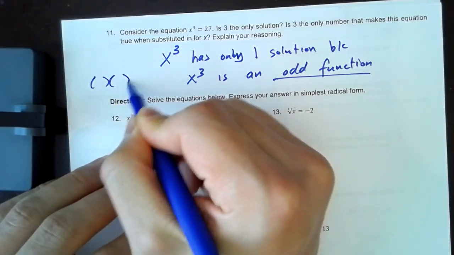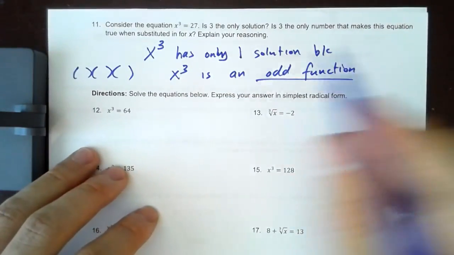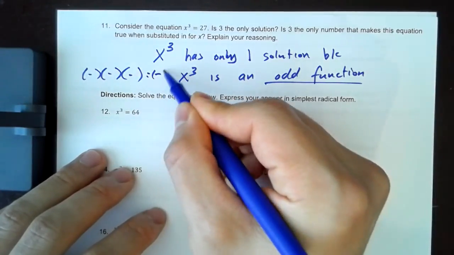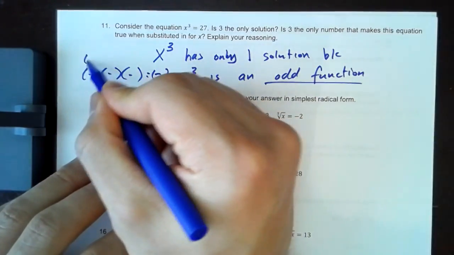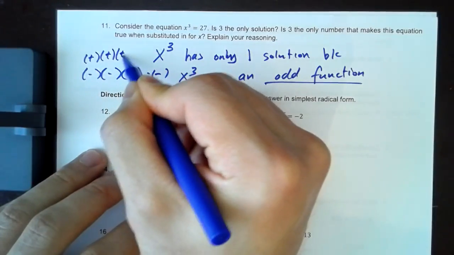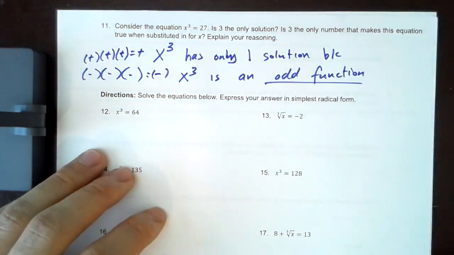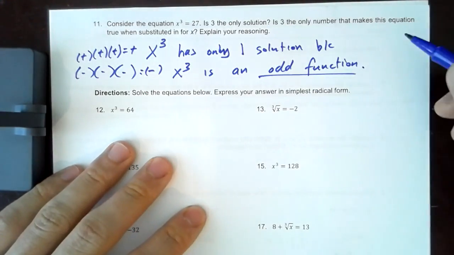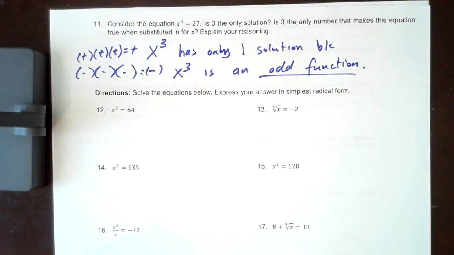Since we have 3 things that we're multiplying, a negative times a negative times a negative will indeed be a negative. A positive times a positive times a positive, well, we know that that's a positive, okay? So odd functions always maintain the sign that they have.